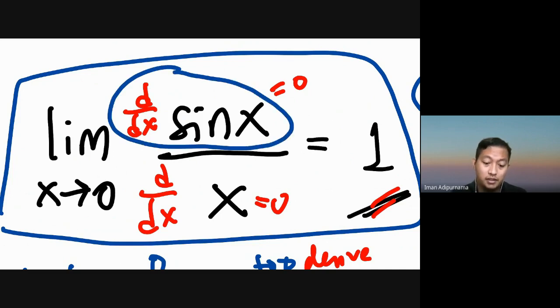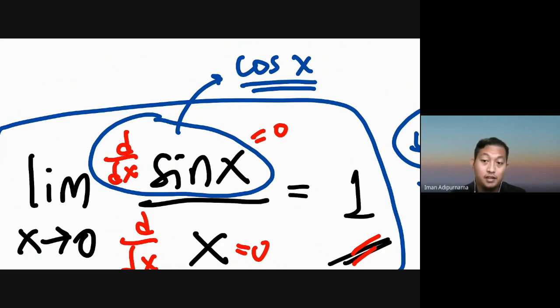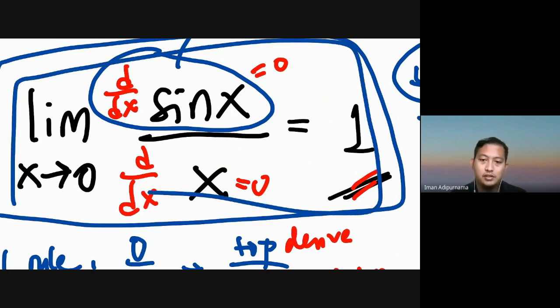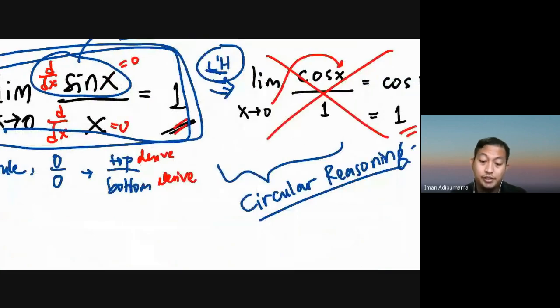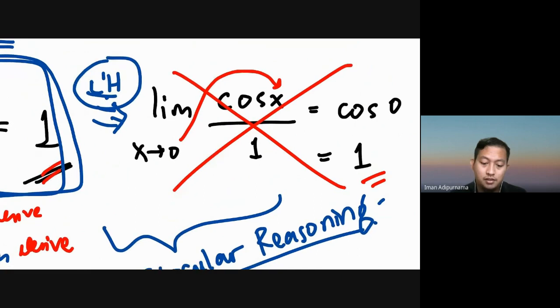So the question is, can you prove that this result is cosine x? The proof itself will require these definitions. So that's why it's circular reasoning. You cannot use this as your proof. So that's why L'Hopital becomes irrelevant.